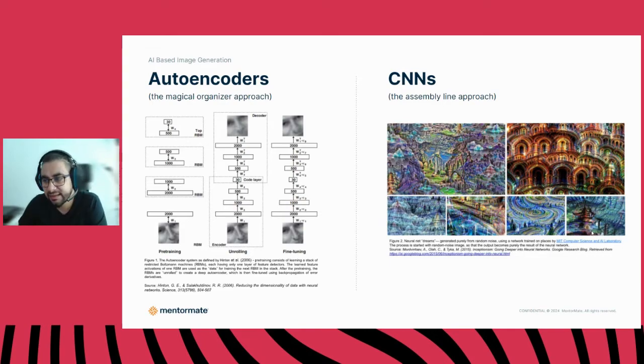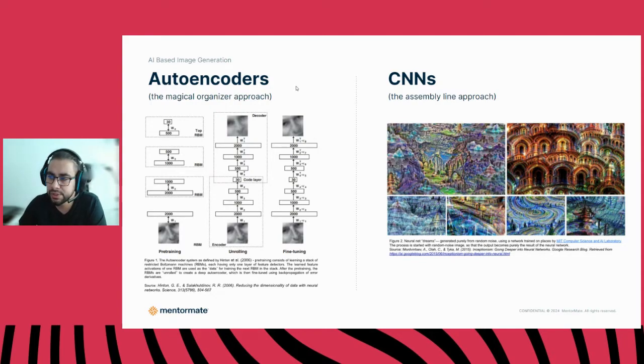It's nothing new because researchers and experts have been trying to get here for quite some time. Here to the left, we see an image from a scientific paper from 2006 describing autoencoders.